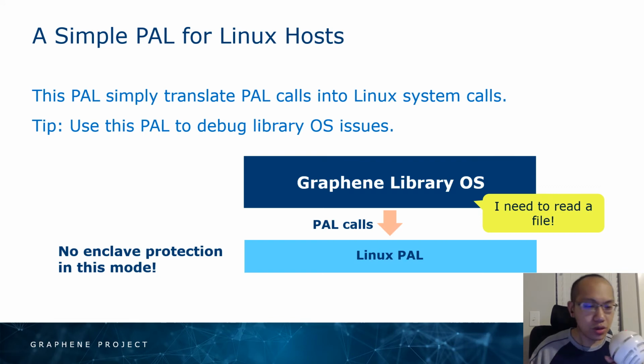At this point, there is no enclave protection whatsoever in this mode, because this is simply designed for running the whole application with Graphene library OS inside a Linux process. So this Linux PAL will translate the PAL calls into Linux system calls, such as the read system call, and it will return the file content back to the library OS, and then eventually back to the application itself.